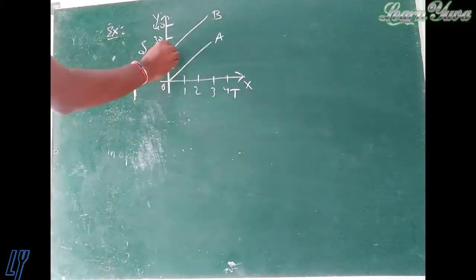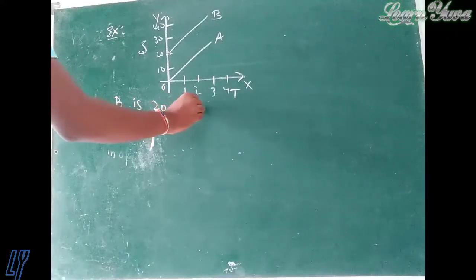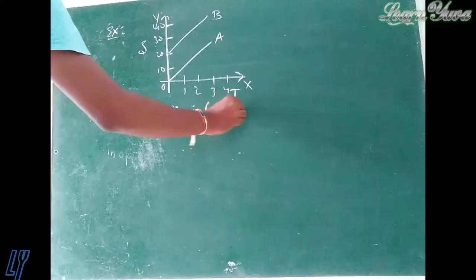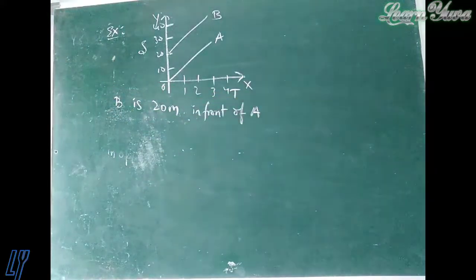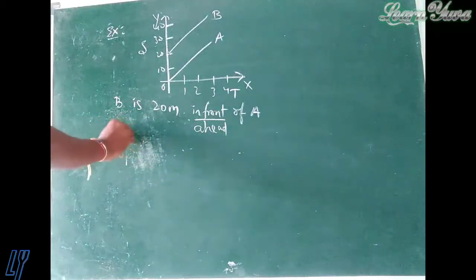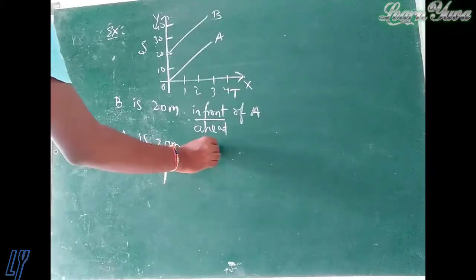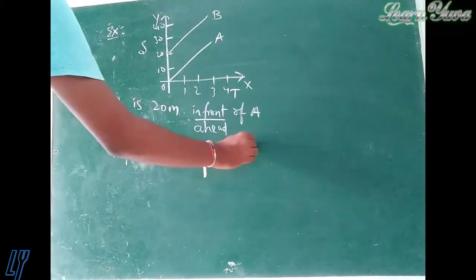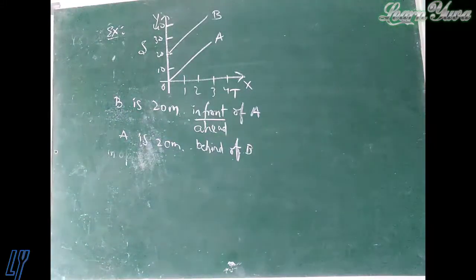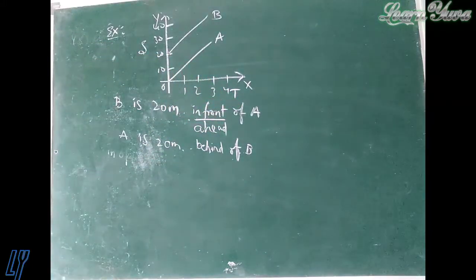But here B is 20 meters in front of A, or we call it ahead of A. Or A is 20 meters behind B. In any way we can check this. So B is 20 meters ahead of A, or A is 20 meters behind B.